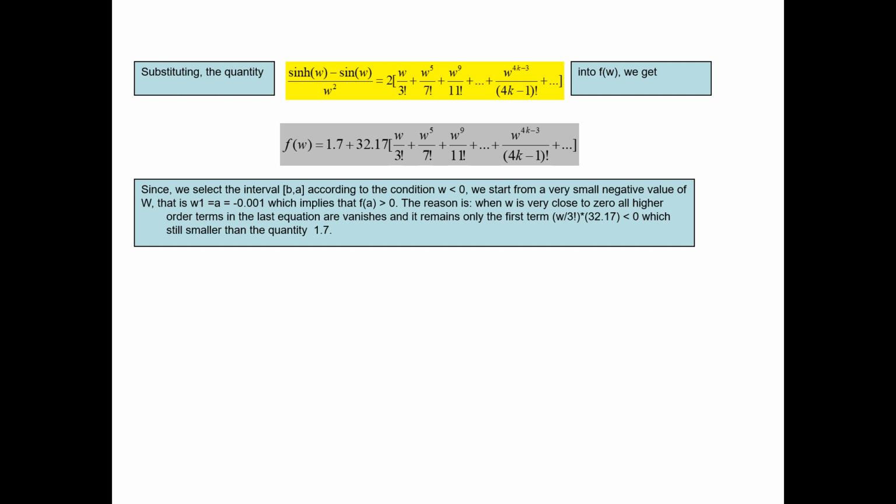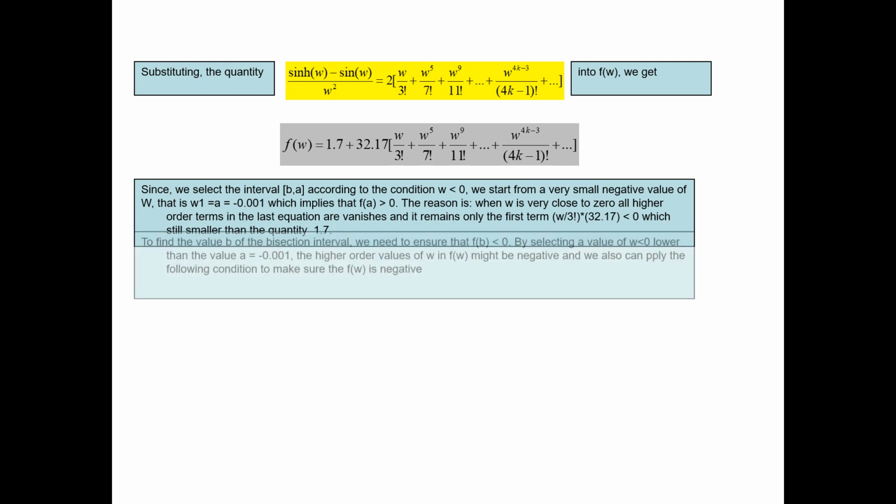So the result is still smaller than 1.7, and the result is also still positive. So we can choose a equals minus 0.001, or minus 10^-3.